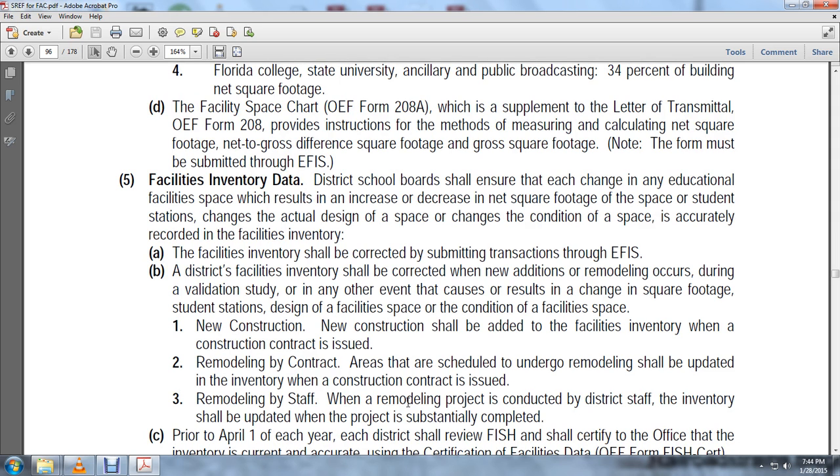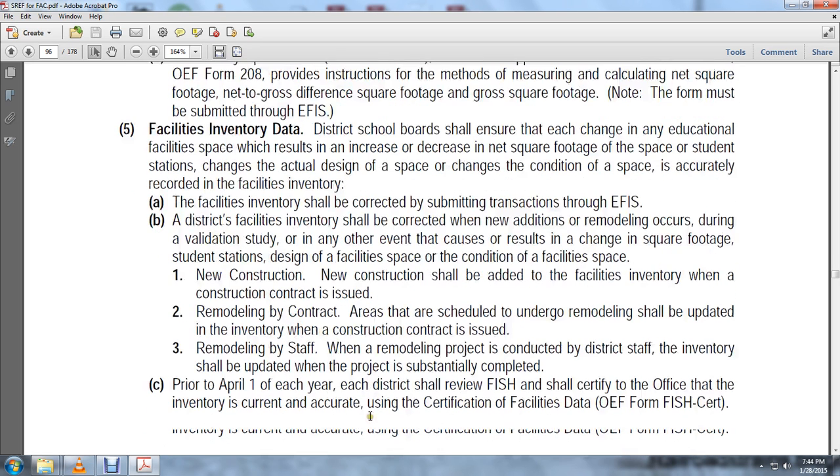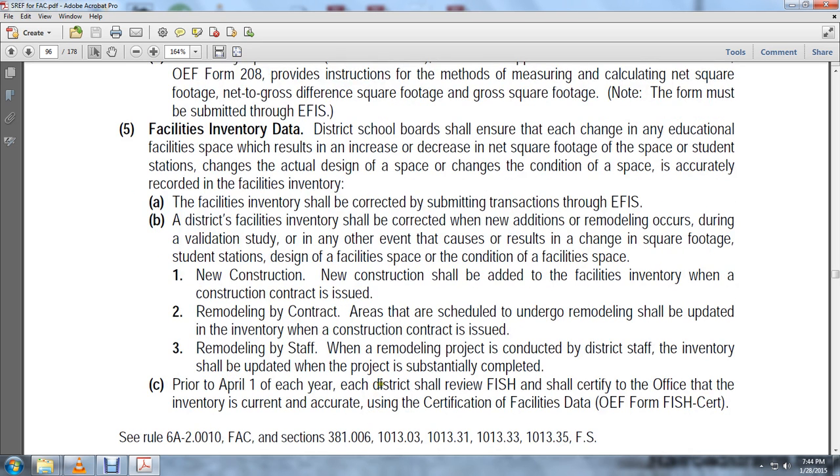Remodeling by contract: the area scheduled to undergo remodeling shall be updated in the inventory when the construction contract is issued. Remodeling by district staff: when a remodeling project is conducted by district staff, the inventory shall be updated when the project is substantially completed. By April 1st of each year, each district shall review FISH and shall certify to the Office of the inventory being current and accurate using the certification facility data, the OEF Form FISH Cert.